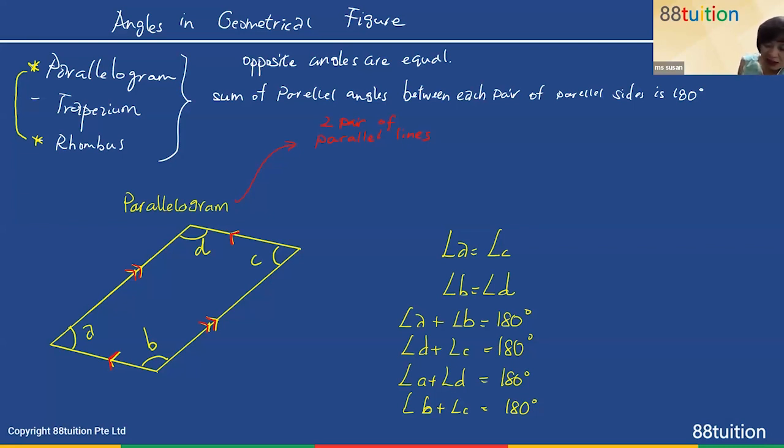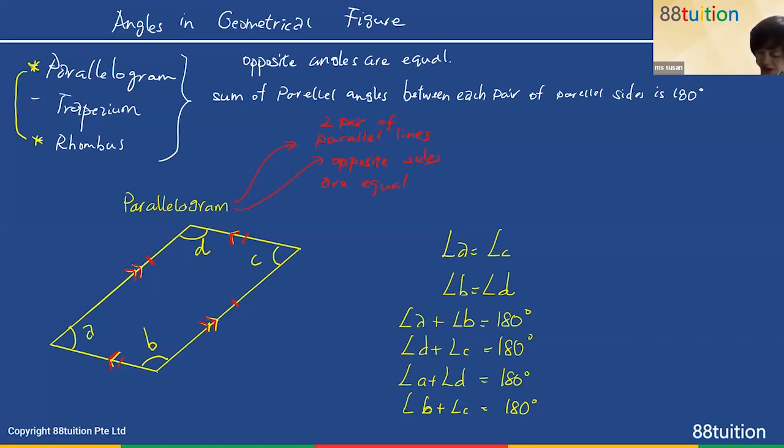But their opposite sides are equal. Okay, opposite sides are equal. Meaning to say, this is equal to this, equal sign. Then this is equal to this. So when you draw a parallelogram, you can see that there are four corner angles, right?